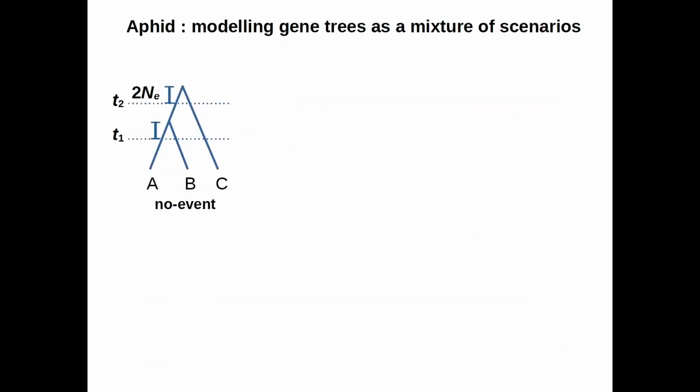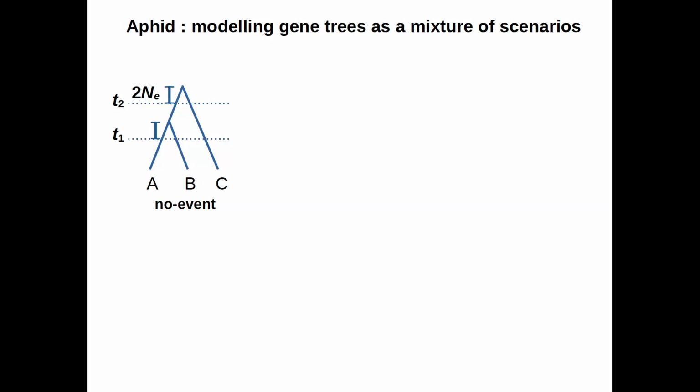So in AFID, we want to model gene trees as a mixture of scenarios where each scenario makes predictions on gene tree topology and branch length. So we have a no-event scenario shown here, where coalescences happen a few generations before splits. That's the expectation, and we get an AB versus C topology. This is the normal case.